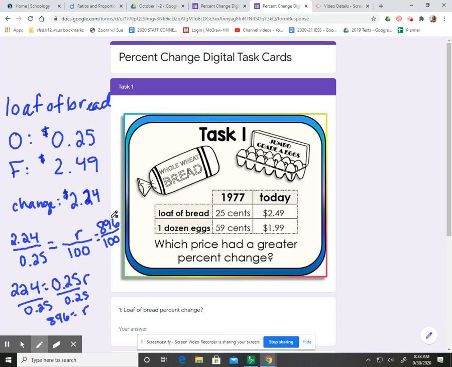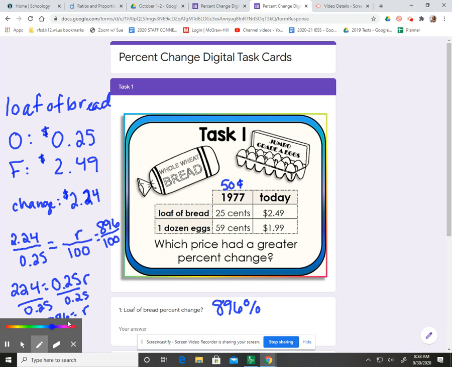Since it's over 100, the number on top is our percent. So the loaf of bread percent change is 896%. I know that sounds crazy, but if you think about the price in 1977, 100% is 25 cents. 200% of 25 cents would be 25 cents doubled, so 50 cents. We're jumping all the way to 249, so this 896% does make some sense.